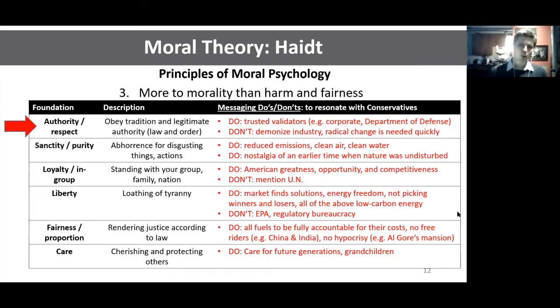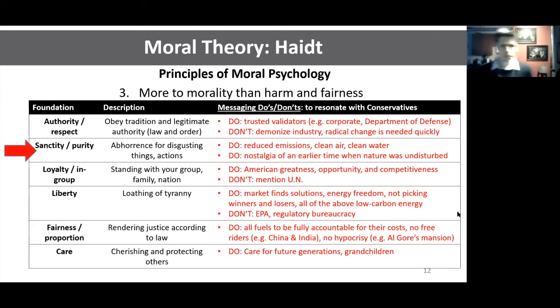We also don't want to talk about radical change being needed quickly. There's the idea of obeying tradition, and radical change represents a departure from tradition. So we want to talk about gradual, planned change, risk management, doing things in a sensible, measured way. Radical change is alarmism, and that tends to shut people down.